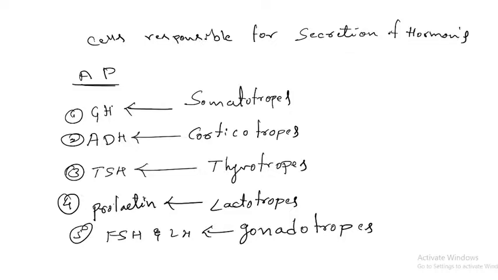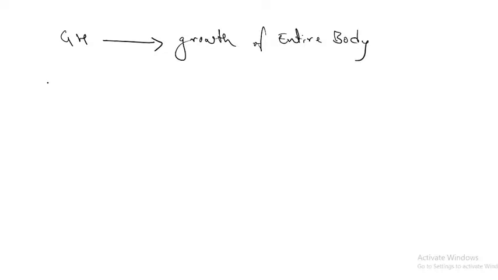Let's see the functions of these hormones secreted from the anterior pituitary gland. Growth hormone is responsible for growth of the entire body.